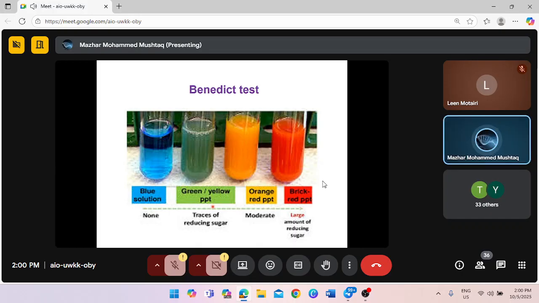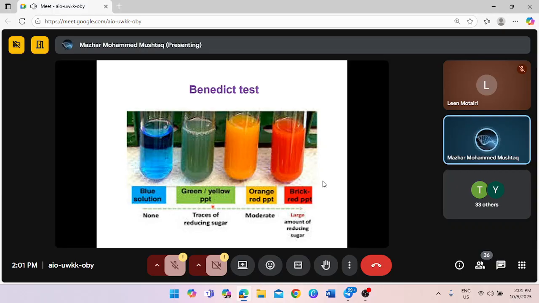But earlier it was such a complicated test. One urine would be examined for at least 1 hour, but now it just takes 1 minute to screen the whole urine. So these were the colors. We have to wait, we have to see what is the color, and accordingly we have to give the report. So this is a very conservative way of detecting the presence of glucose in the urine.